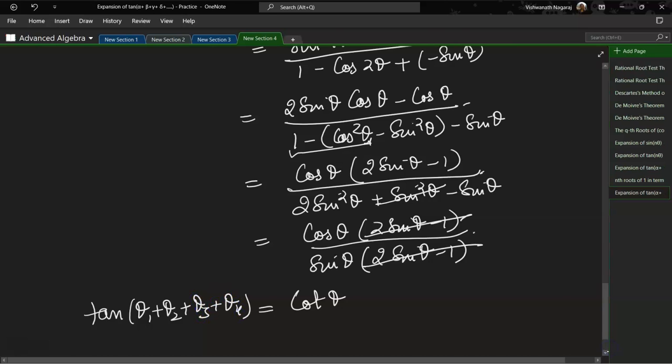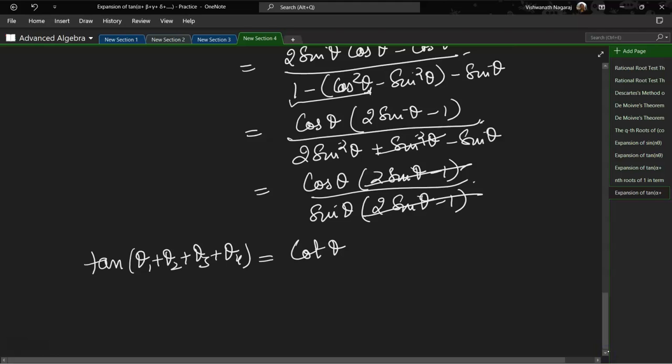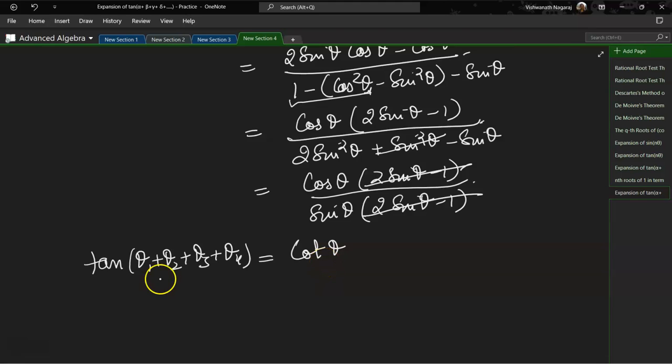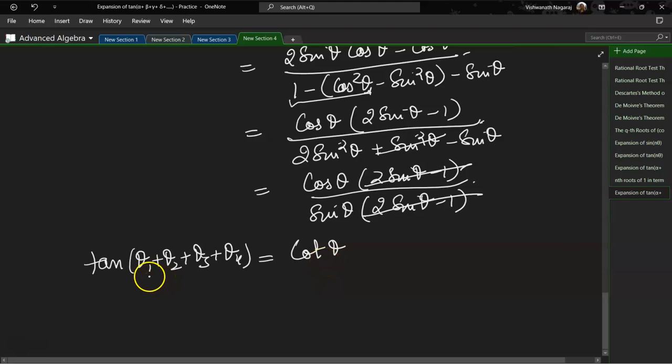Okay, now this is the tricky part. When will tan and cot be equal? Remember, we need to figure out for what values of this angle will tan and cot be equal.